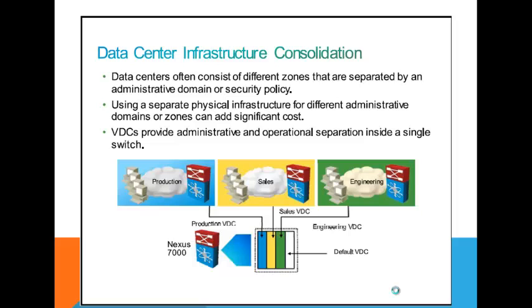This default VDC is the one which manages the other VDCs. So from this diagram itself we can understand that the default VDC is not really meant to be used the way we use the non-default VDCs. Non-default VDCs can be used for various zones, but it is really recommended to have the default VDC only for the sake of management.